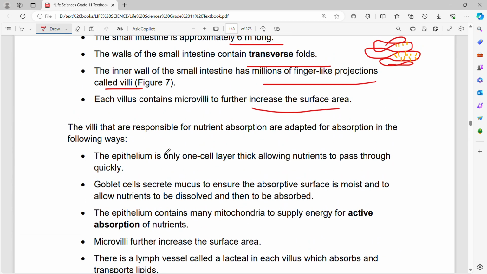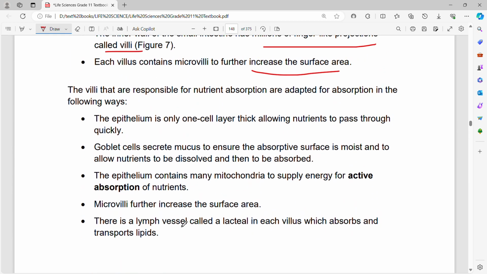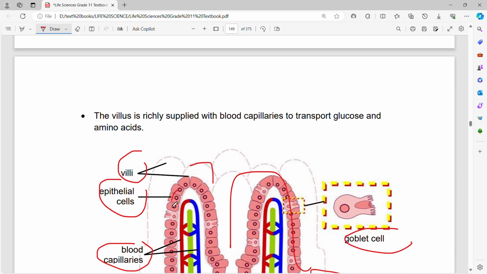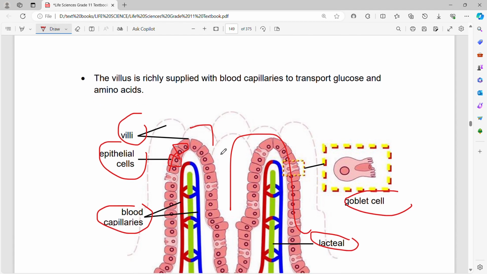Now let's look at how these villi help in absorption exactly. The epithelium is only one cell layer thick, allowing nutrients to pass through quickly. You can see this is the epithelium cell. It is only a one-cell-layered wall, right? So it allows rapid absorption.